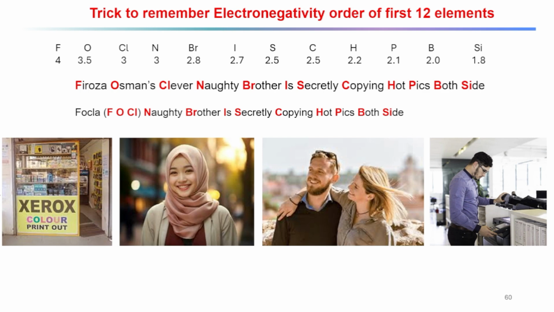For example, if I draw PH3, you need to take a few seconds to realize which one, either phosphorus or hydrogen, has higher electronegativity, which one has the plus charge and which one has the minus charge, right?